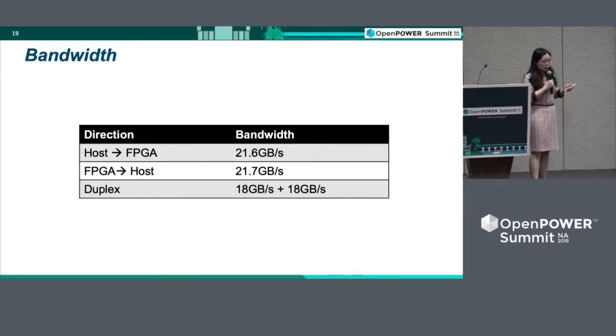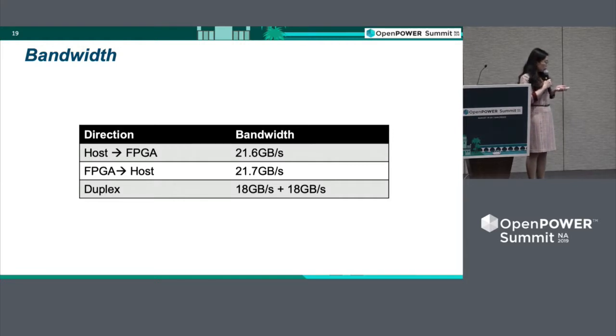All right, so here is the bandwidth result of today's OC-Accel. You will see if you move data from host to FPGA, that means the FPGA reads data, the bandwidth is about 21.6 gigabytes per second.